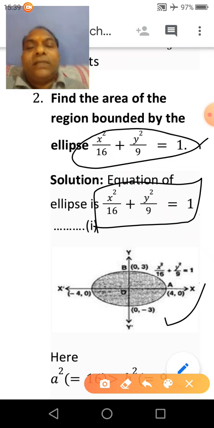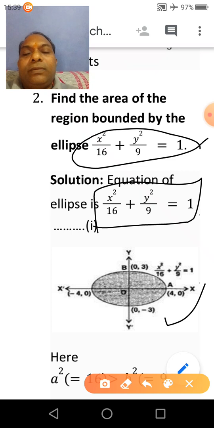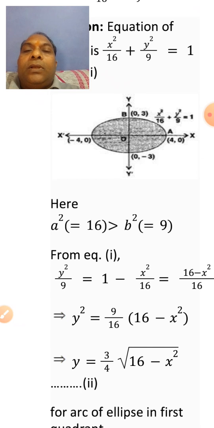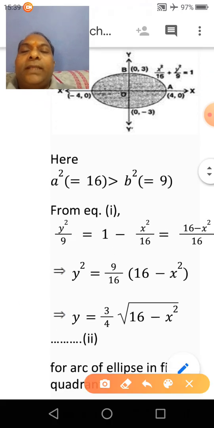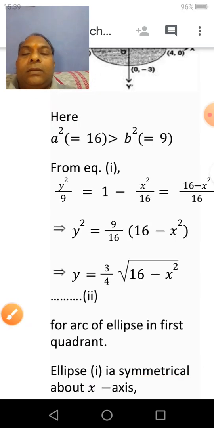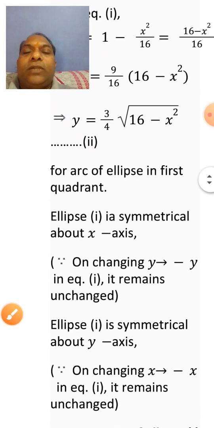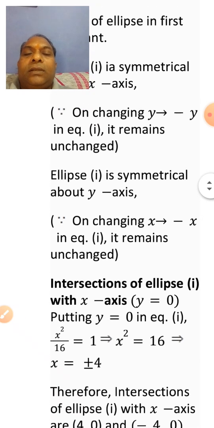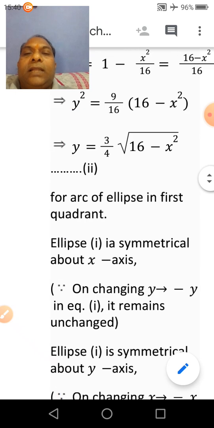So this question can be solved by two ways. First method, from the equation of the curve find the value of y and apply the formula integration and use the limit of x. Clear?